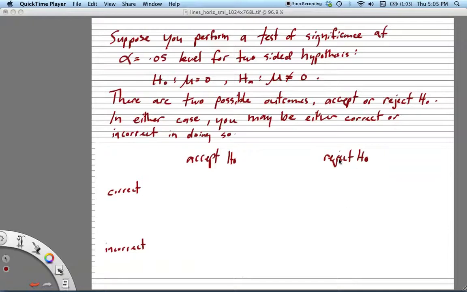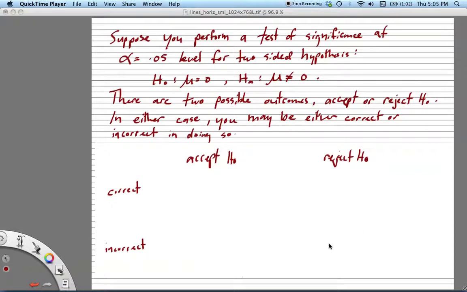Okay, so what are the chances that you're going to do that and you're going to be wrong? Well, if the entire point of the significance test is to say that you would see an outcome as extreme or more extreme than what you saw 5% of the time or less just by chance, then the chance that you would reject the null hypothesis and that you would have been wrong would just be equal to the level of significance.